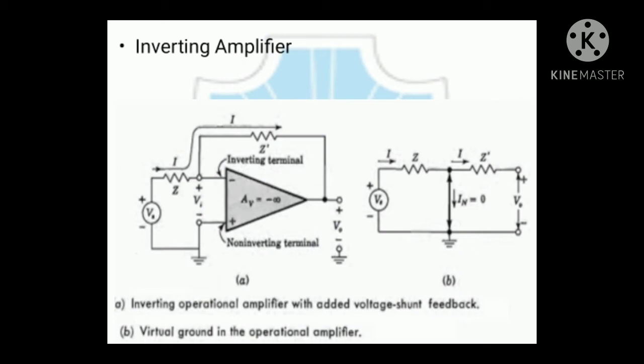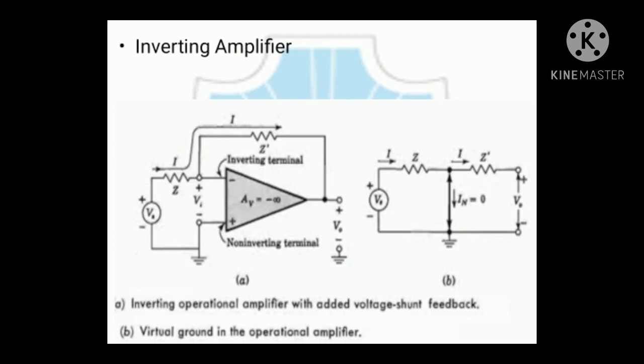It is so because no current flows in the input terminals of an op-amp. Therefore the current flowing through the two terminals IN is 0, and this is a very useful concept which you should always keep in mind while solving any op-amp circuit.